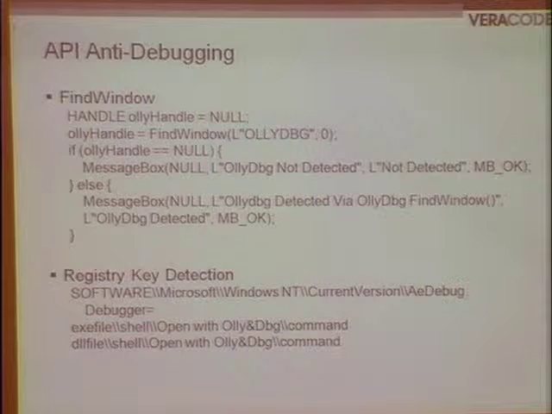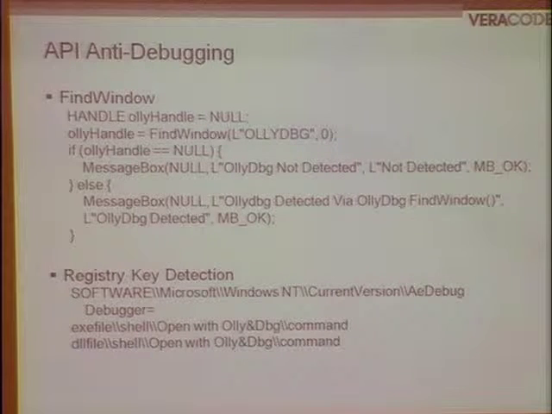All right, so here's the first 2, find window and registry key. Registry key is a little bit different, but find window, for example, OllyDebug, when you run it, it has a default window class of OllyDebug, so we can use the find window API, scan all the processes in memory, and look for ones that have a window class of OllyDebug. Pretty straightforward, right?